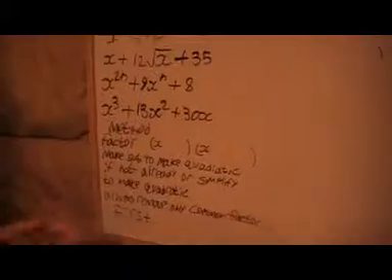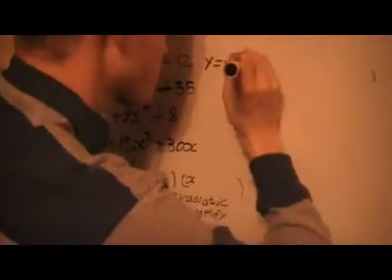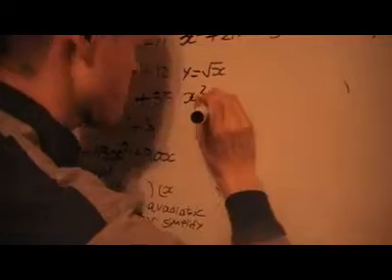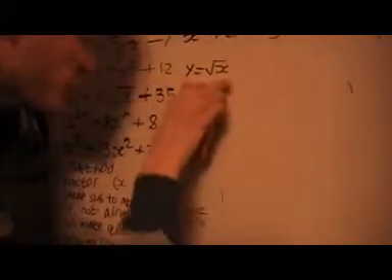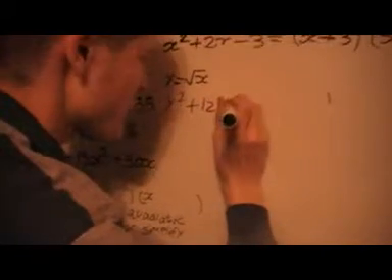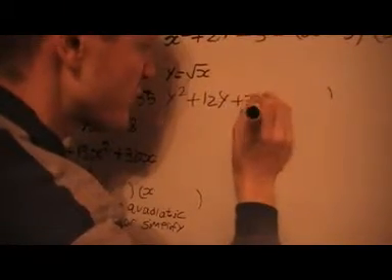Next problem, we're going to let y equal the square root of x. Sorry, this should be y because I'm substituting. I'm going to get y squared plus 12y plus 35.